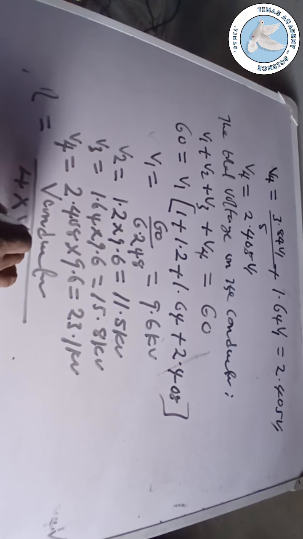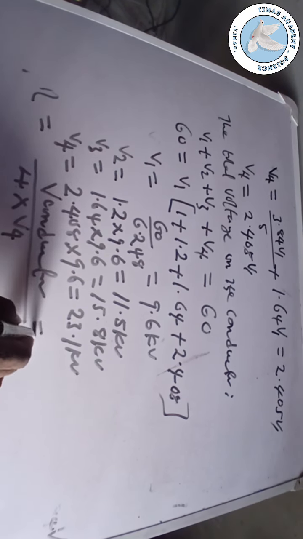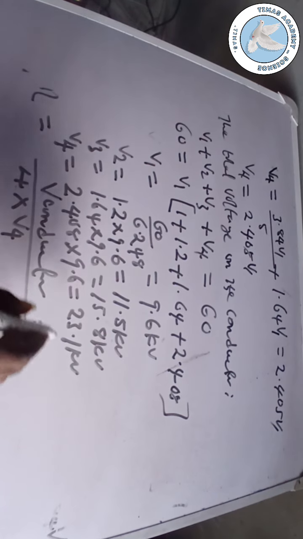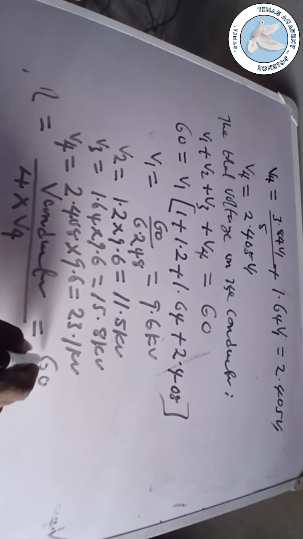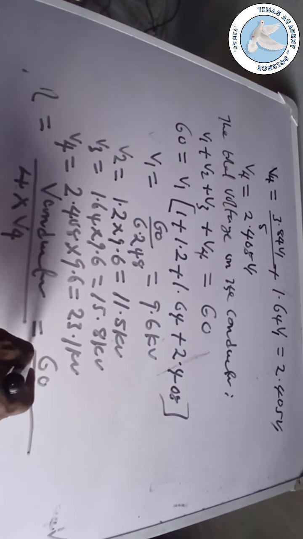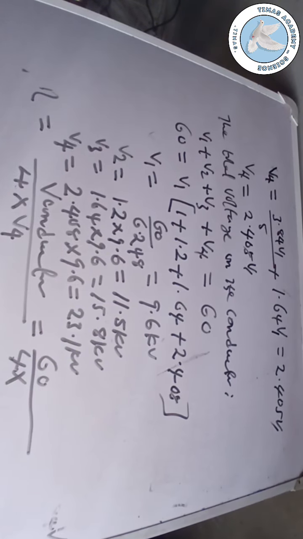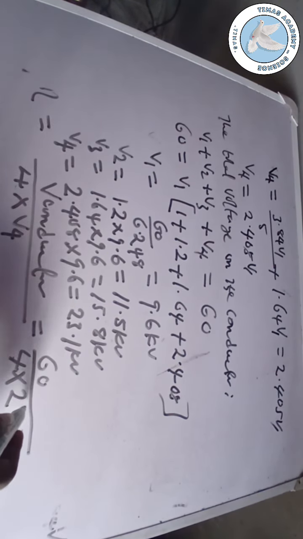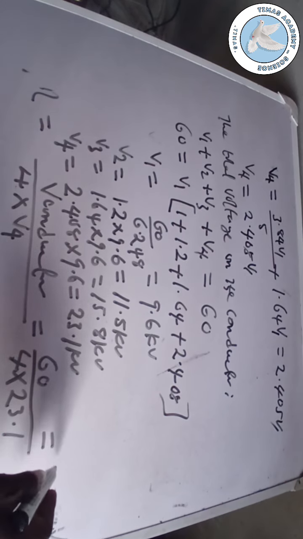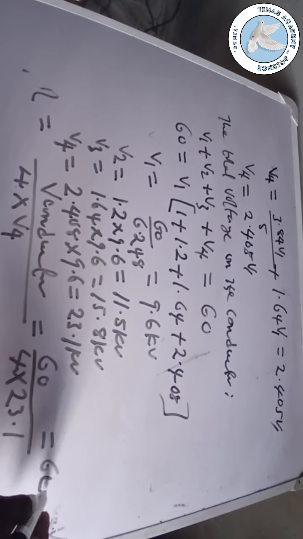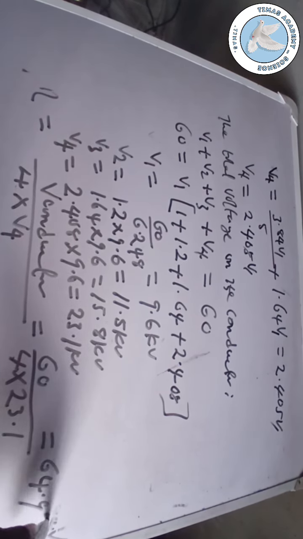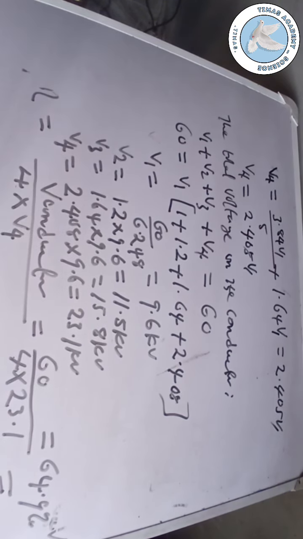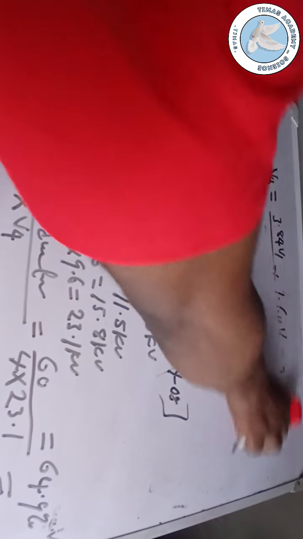This was V4. So we have 60 divided by 4 times 23.1, and the answer gives us the efficiency of the system.